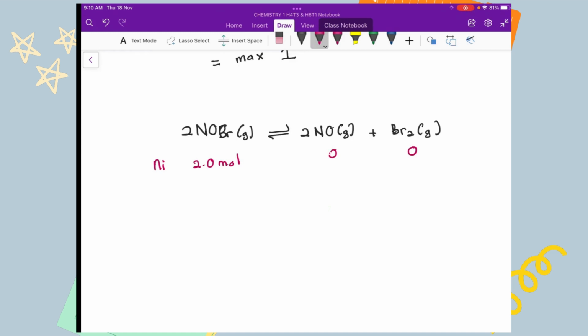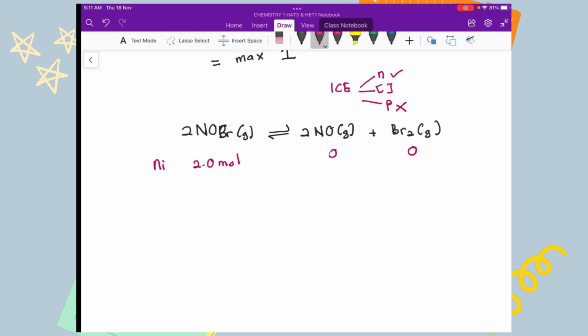Because we have data at equilibrium, we have to decide whether to tabulate an ICE table for mole, concentration or partial pressure, because we have 3 types. Partial pressure is not suitable here because we don't have any data for pressure. Between mole or equilibrium concentration, I prefer to choose mole for our ICE table because the data at equilibrium given is in terms of mole. So in this case, we use mole as our ICE table.